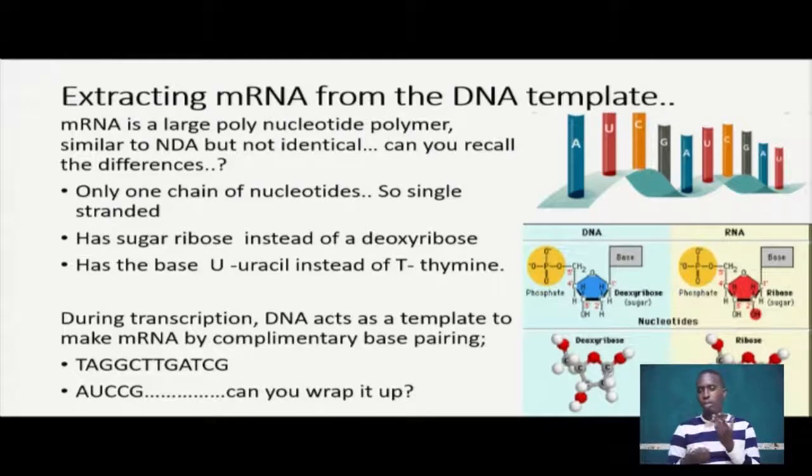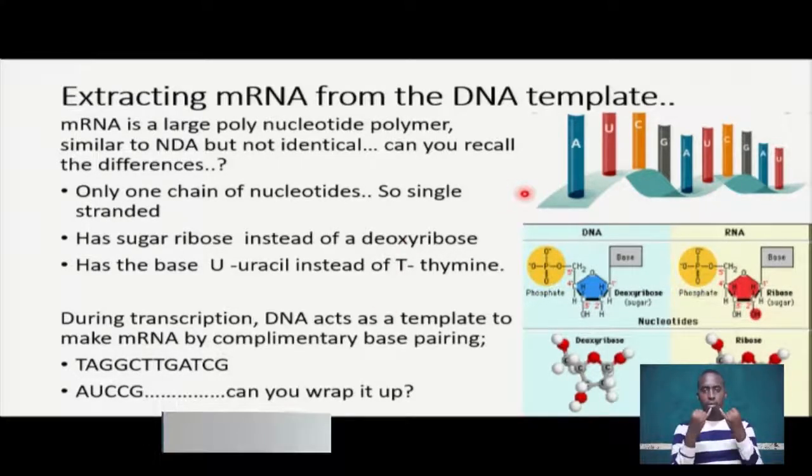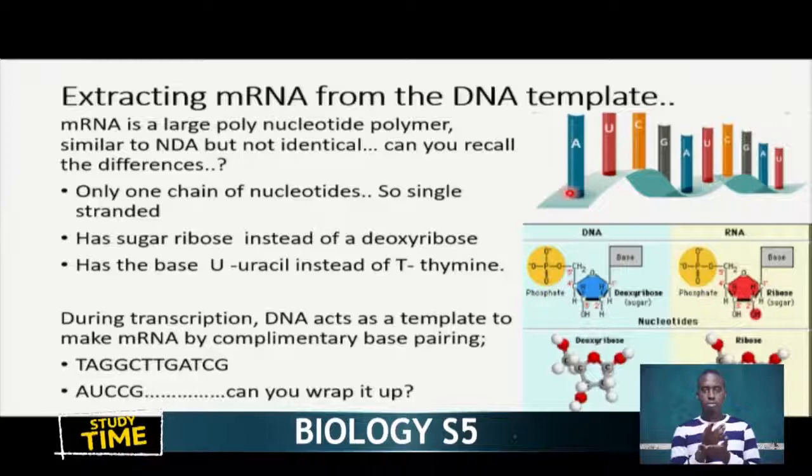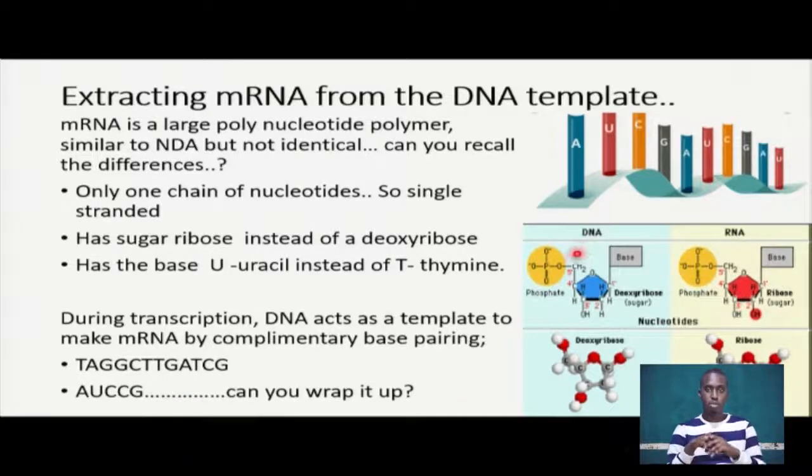What actually goes out? Like we just said before, one, our RNA is single-stranded. Two, it carries a U instead of T. And three, like we said in the very beginning, the sugars that are present. Check DNA: deoxyribose sugar.